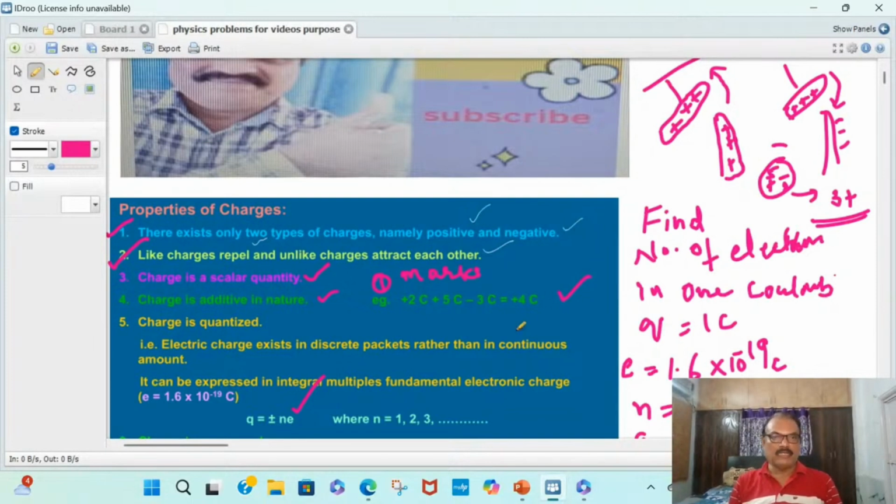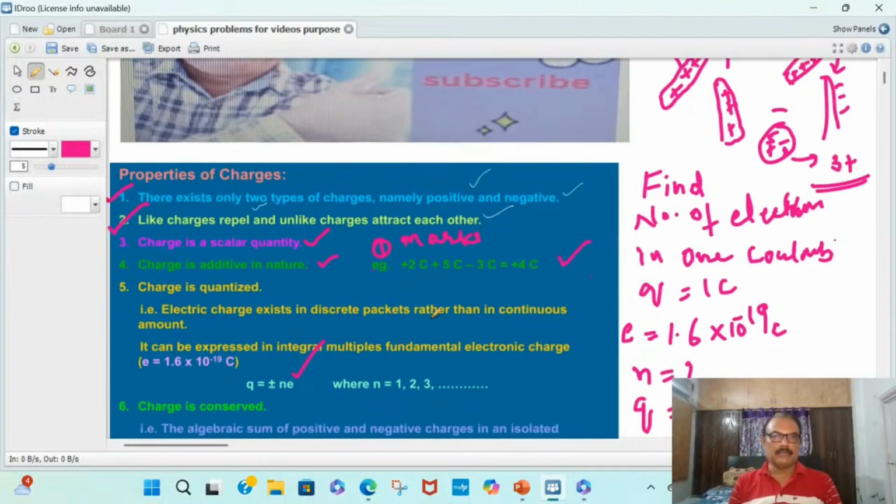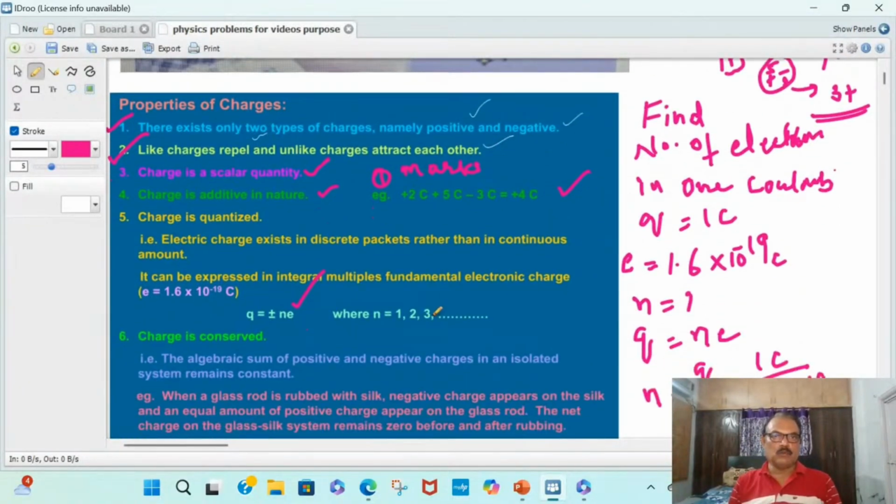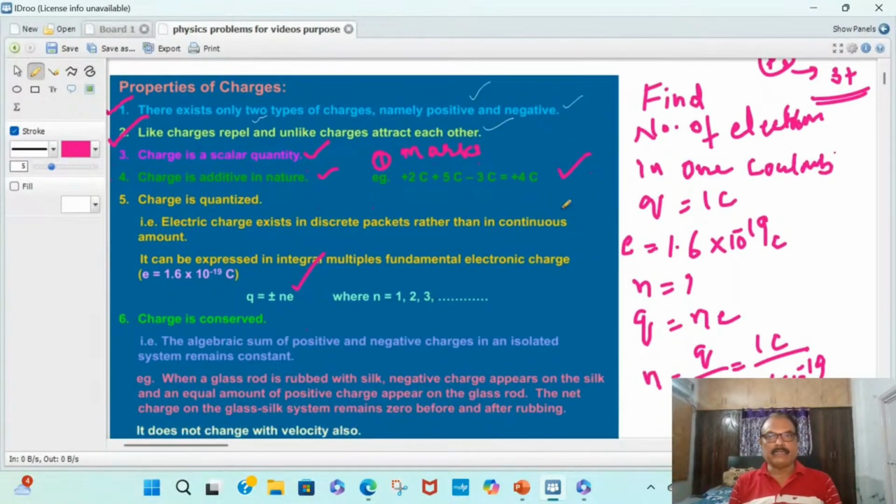The smallest charge in the universe is the electron. There are charges called quarks, which exist only as one third electron or two third electron. If you split an electron or proton into fragments, each will get this type of charges.